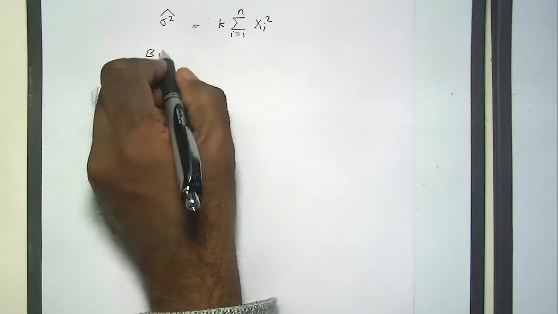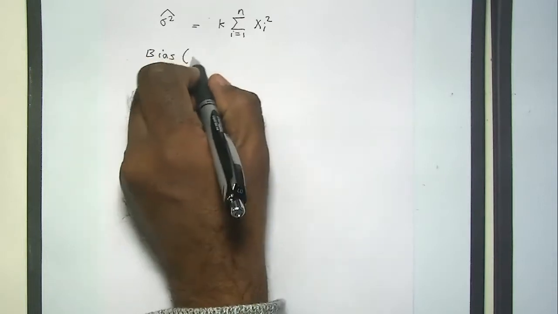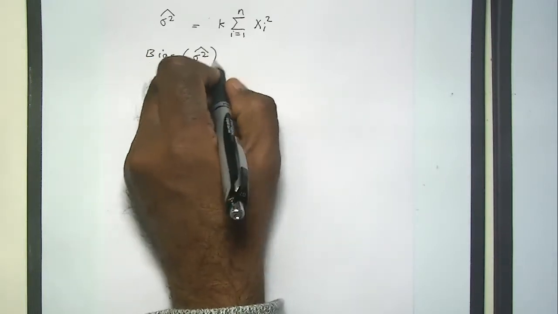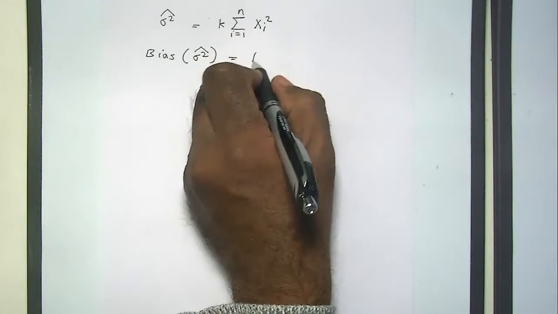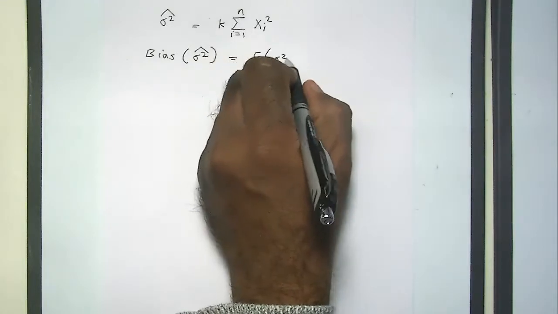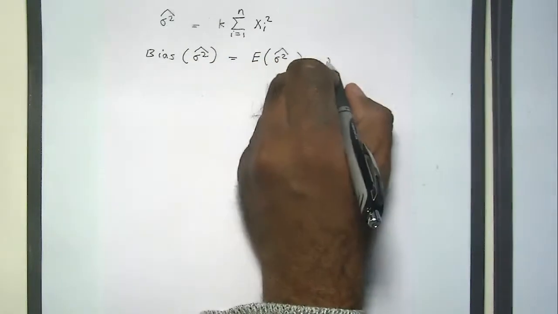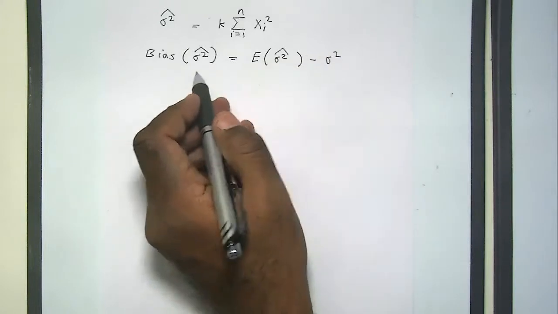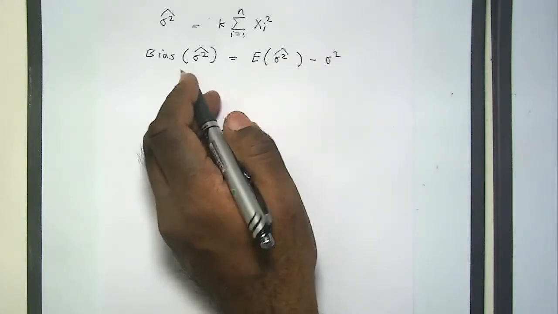So you do the same kind of thing as you did in question 9. You need to find the bias of this, okay?